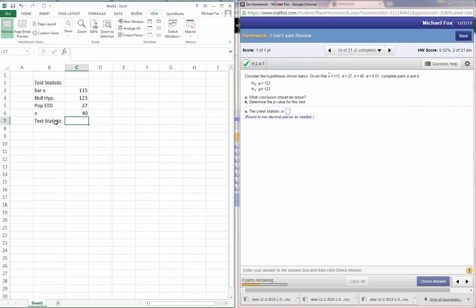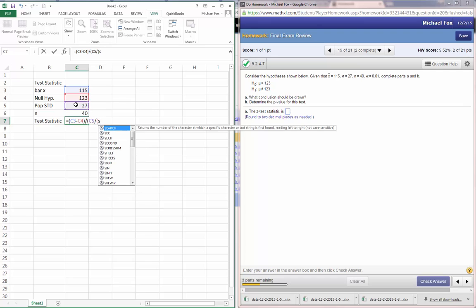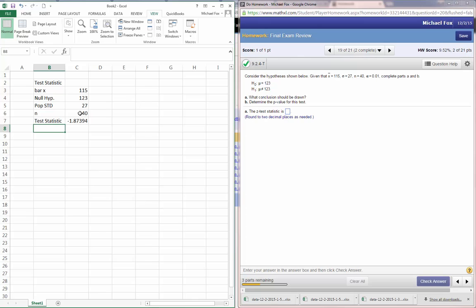Our test statistic is going to equal our x bar minus our null hypothesis mean, divided by the population standard deviation divided by the square root of n. There's our test statistic.